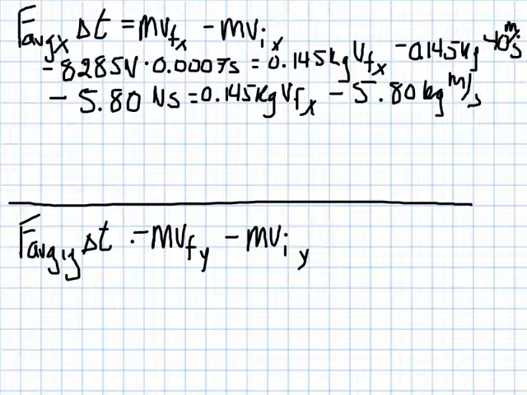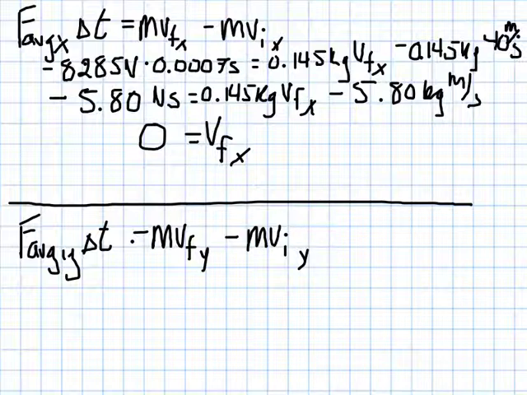And so if I add 5.8 to each side, then I will discover that V final, the x component, has to be 0. So this ball doesn't travel horizontally at all when it leaves the bat, which is a little bit unexpected. So apparently this is like a foul ball.